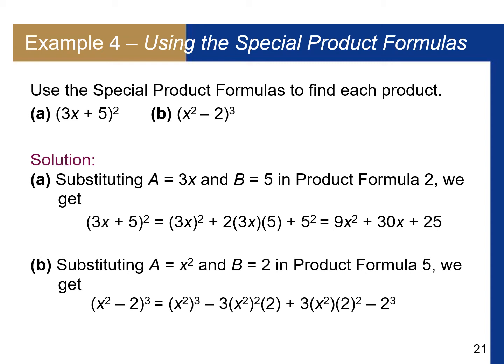Then I'm going to stick in my coefficients, 1, 3, 3, and then you can see that there's really a 1 times this here also. And then once you simplify that, you'll get your result. So knowing the special formulas is extremely beneficial. I can't emphasize that enough.